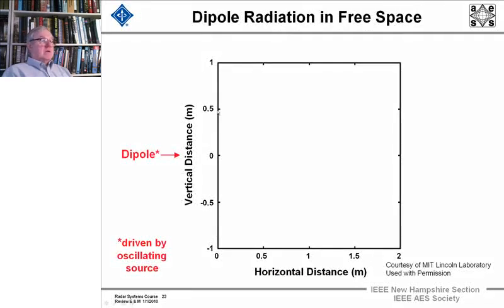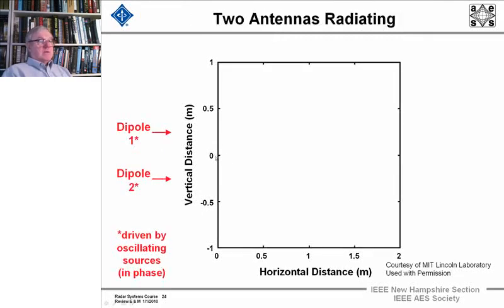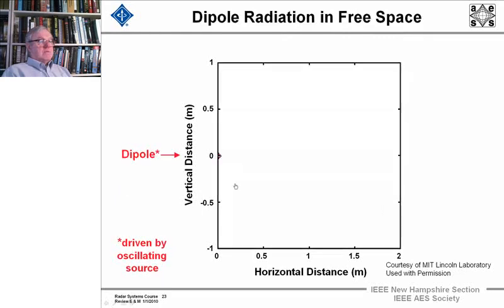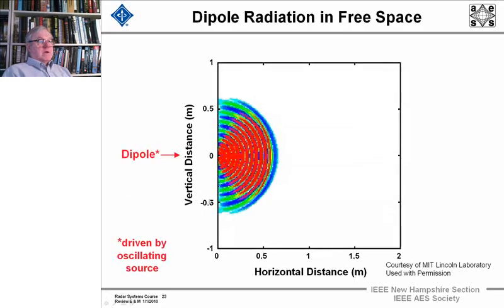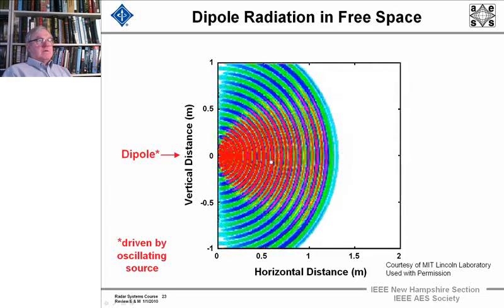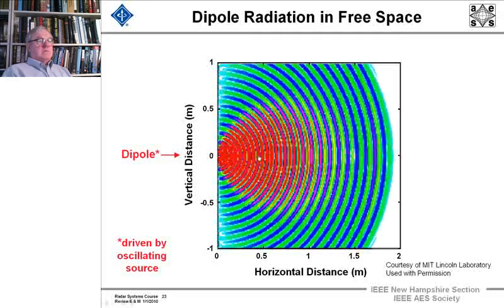Okay, now here's vertical distance and horizontal distance, and at this point we have an oscillating dipole. And we see the field, the radiation, radiating out.